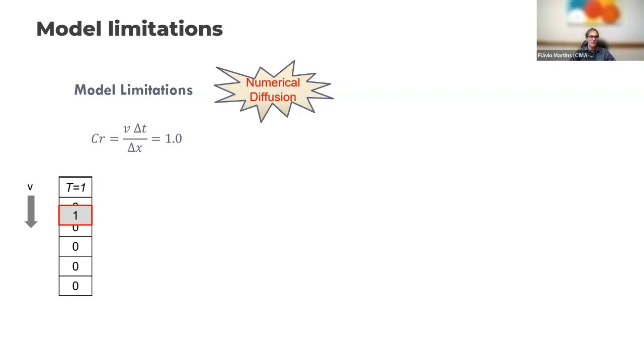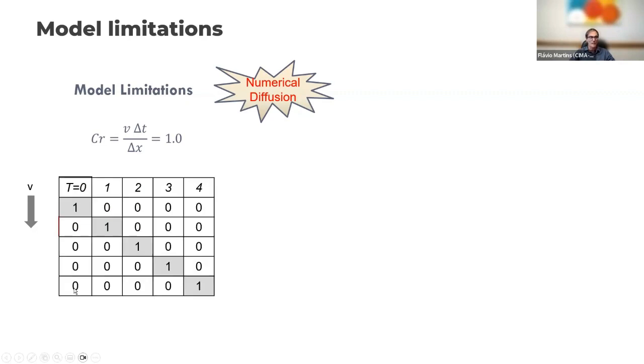So this is the solution for t equal 1. For t equal 2, it will move like this. For t equal 3, it will move to this position, and so on. If I draw all the positions, this will be the position of the pollutant at every instant of time. So this is what happens when the Courant number is 1.